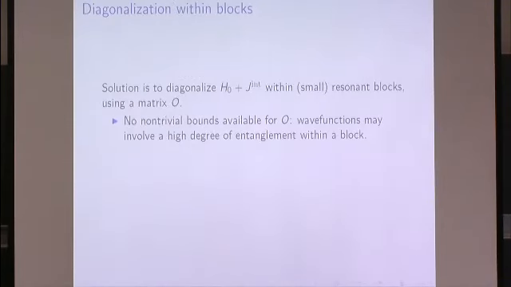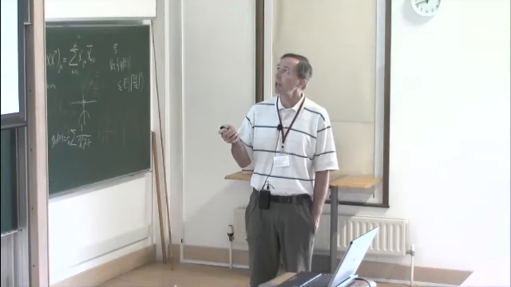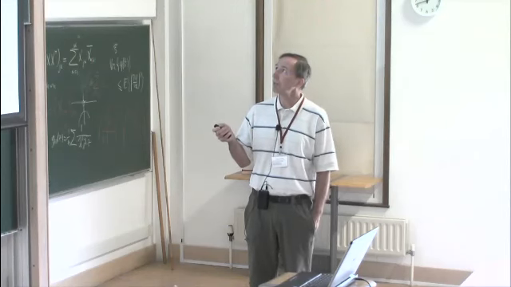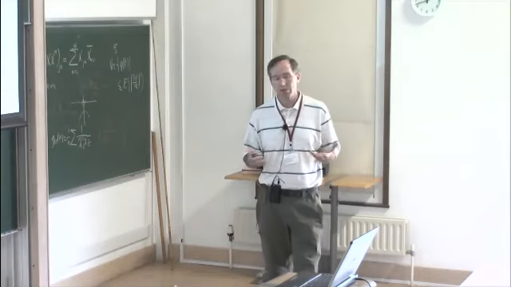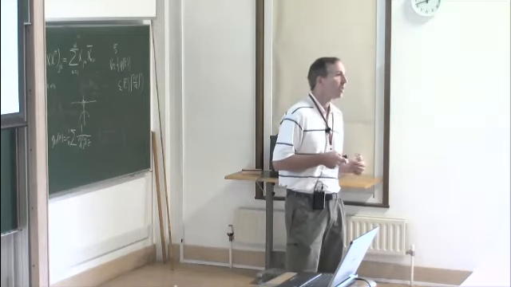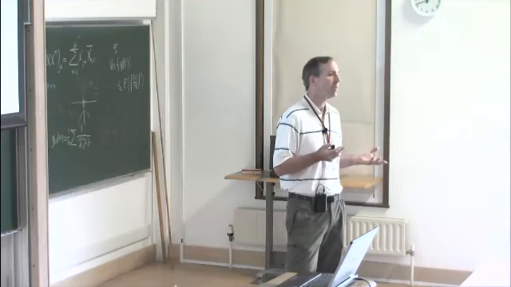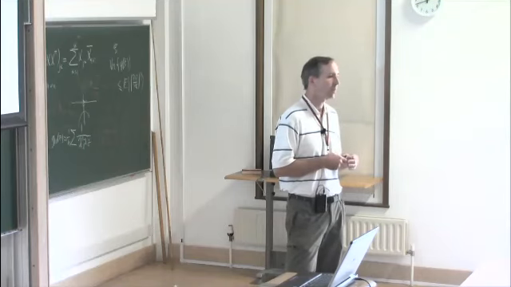So as a result, we have to come up with something. How do we handle the resonant blocks? What you do is you do a block diagonalization procedure. If you combine H0 and the J internal within each of these resonant blocks, you of course know there has to be some matrix O which will diagonalize within that block.